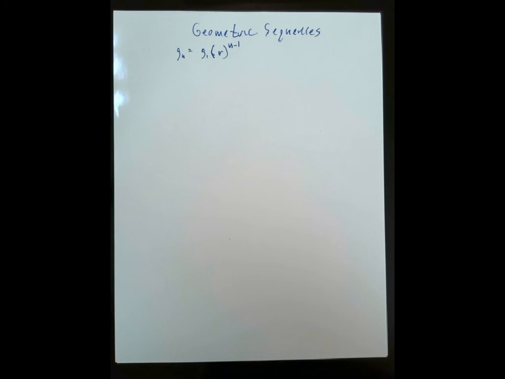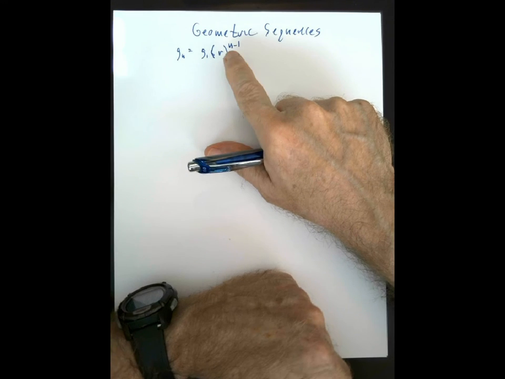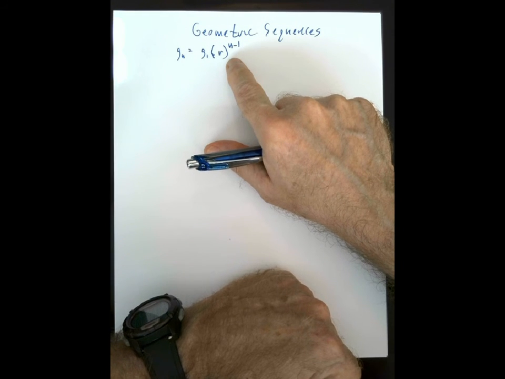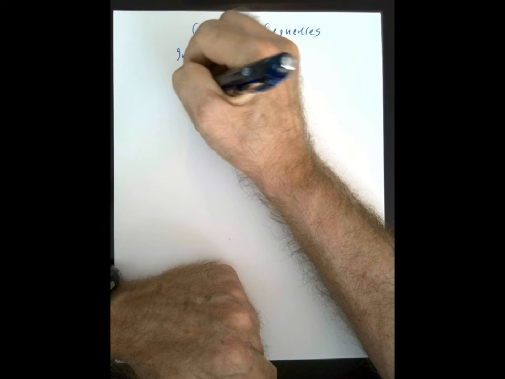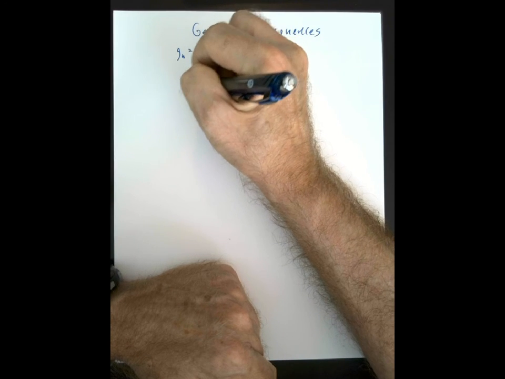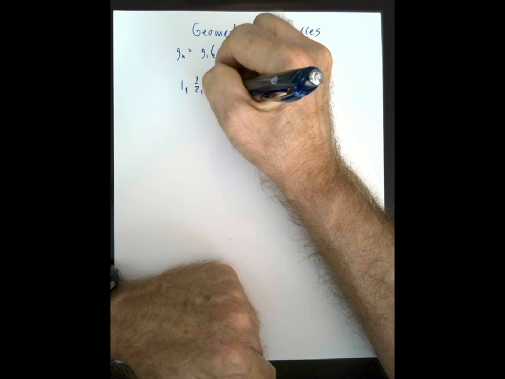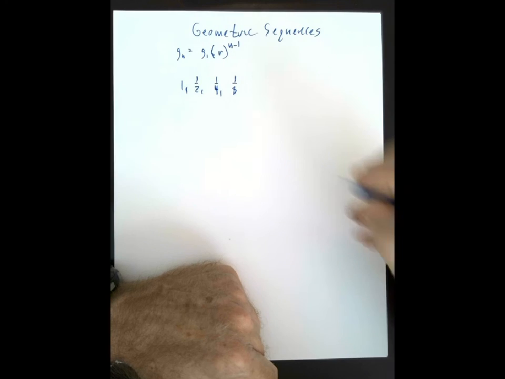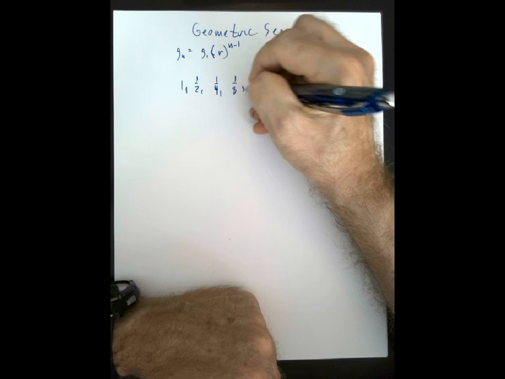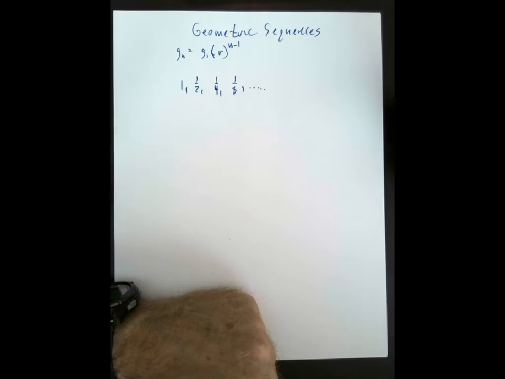So, on a geometric sequence, here is the formula, yes? Now, what if you had this sequence here? 1, 1/2, 1/4, 1/8. You can see here that the terms are fractional, right?